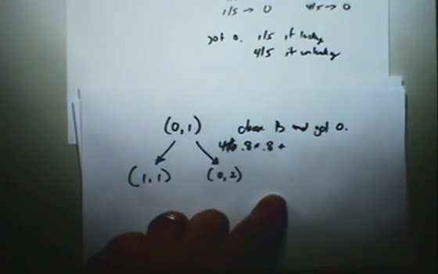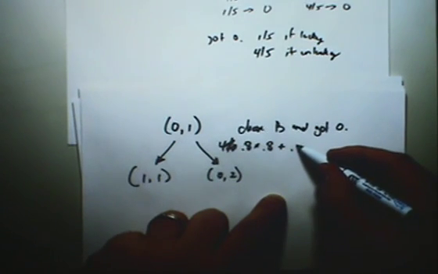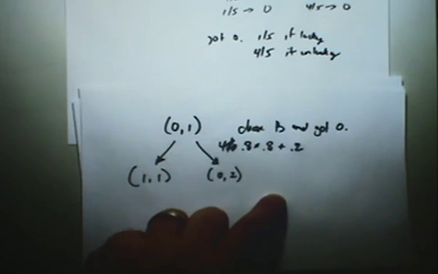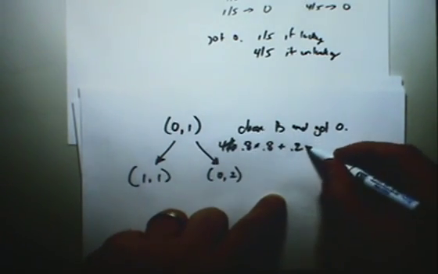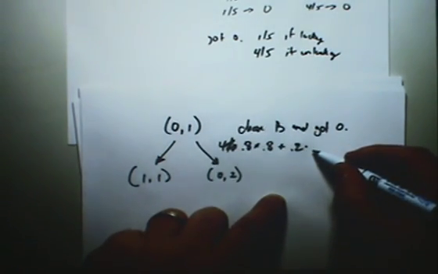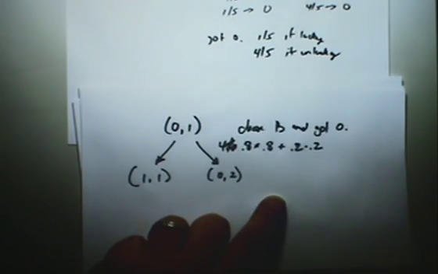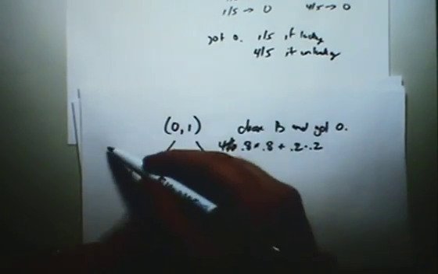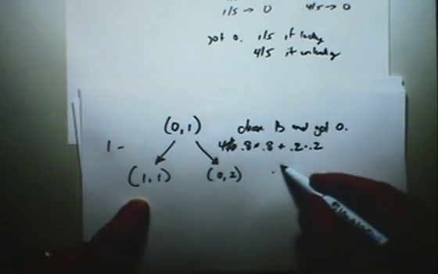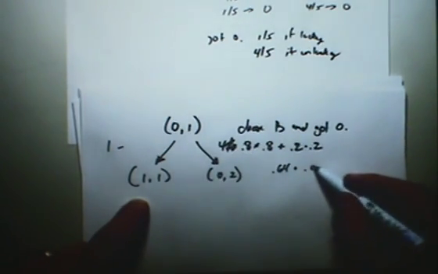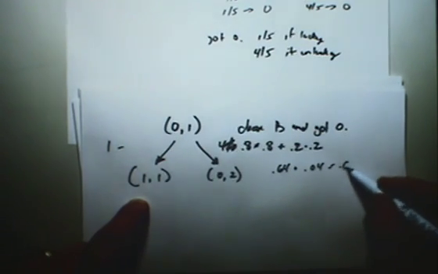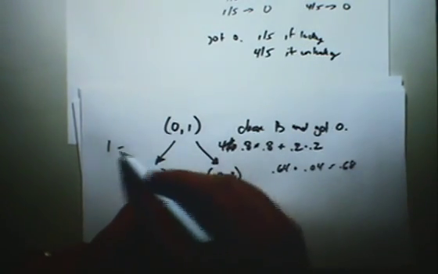Plus there was, right, a 0.2 chance that we thought it was unlucky, but actually it was lucky. And then in that 0.2 chance, there's a 0.2 chance that we'll be unlucky again. And so this one is 1 minus that other thing. So that's 0.64 plus 0.04. So this is 0.32.